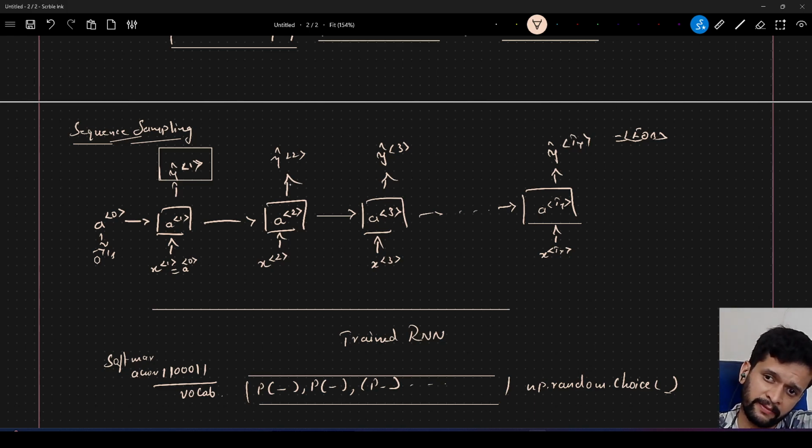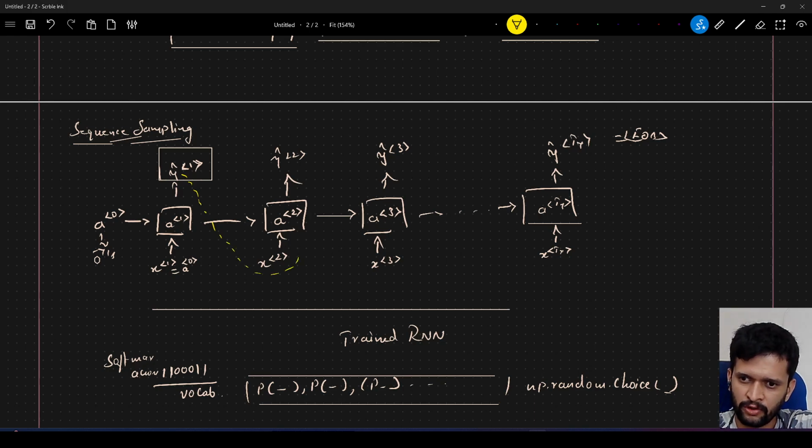In order to predict my second word, Y hat 2, I will give this predicted Y hat 1 as input to my second time step. Instead of giving the actual Y2 as we did during training, I give Y hat 1 as input to my second time step prediction.